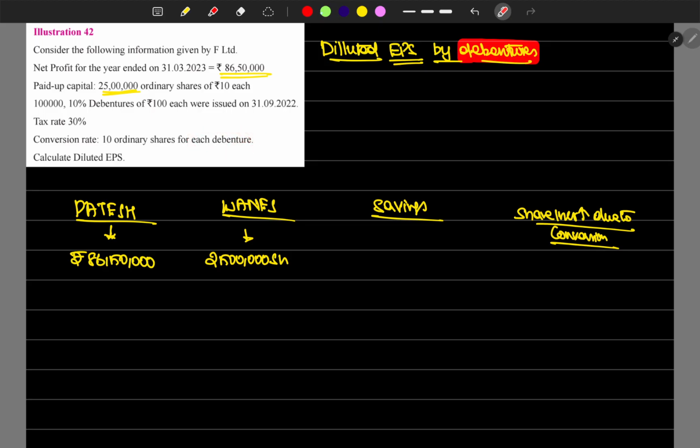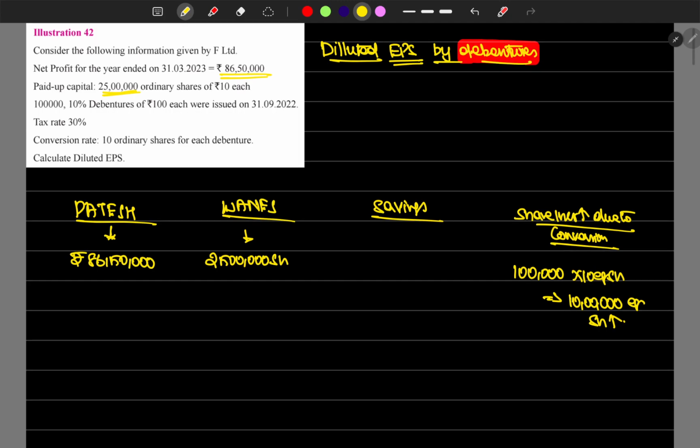Okay, they have issued 1 lakh convertible debentures. Those 1 lakh convertible debentures can be converted into 10 equity shares each. Then how much will be the increase? 10 lakh shares, right? 10 lakh equity shares have been increased. Okay, what could be the savings? There is the interest savings, right?